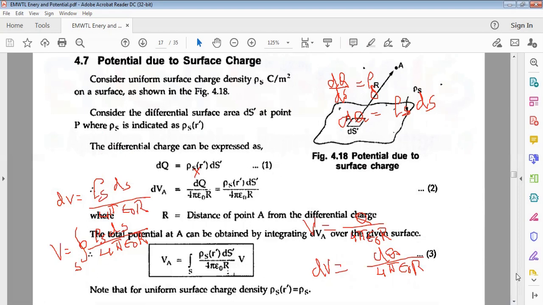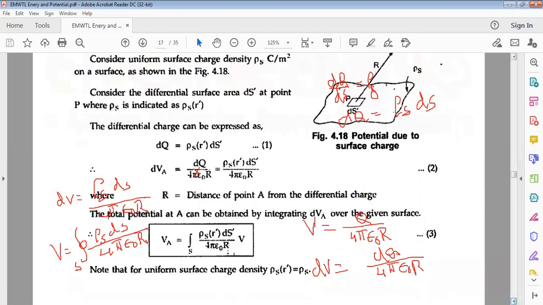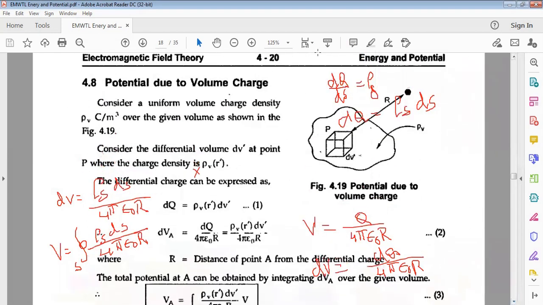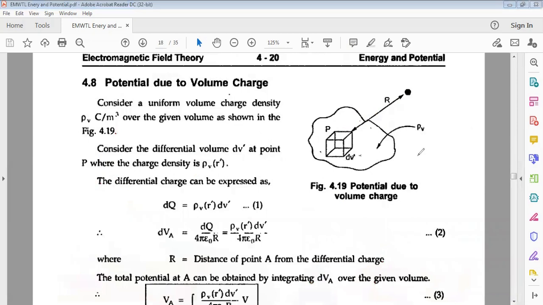Now the potential due to the volume charge. The only difference is that the line was converted to a surface, and the surface is now converted to a volume.